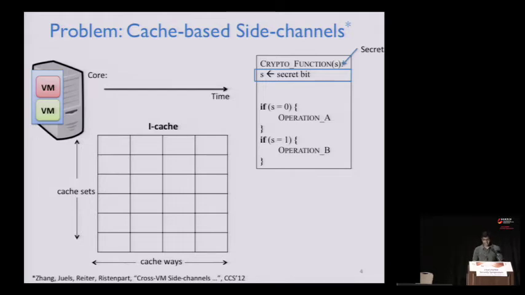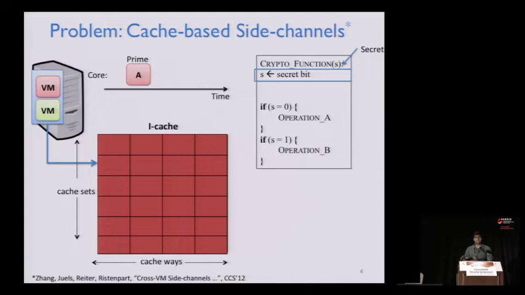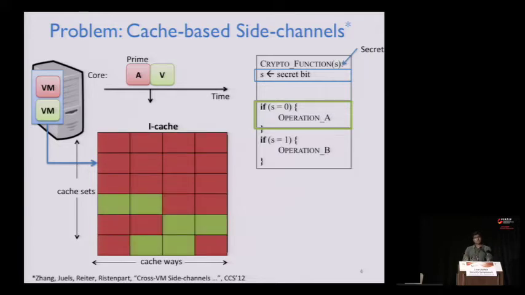A prime and probe side channel starts with the attacker priming the instruction cache, where he accesses a set of memory locations that populate the whole of the instruction cache. Then he lets the victim run, and let's assume the victim is running the function where the secret bit is 0. When it runs operation A, it populates the set of memory locations that correspond to that operation.